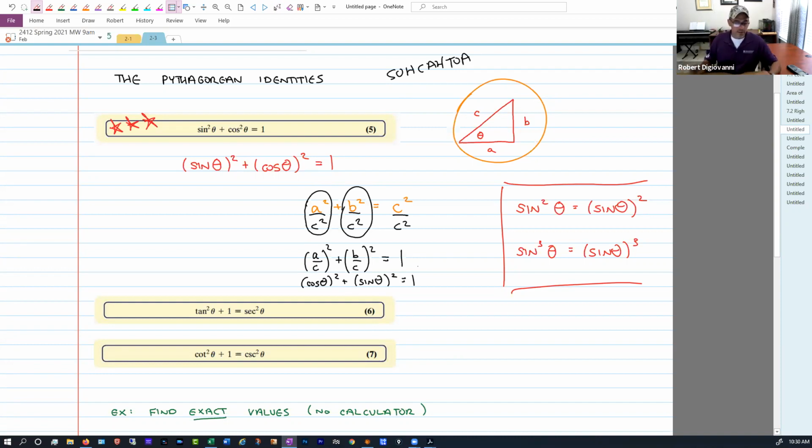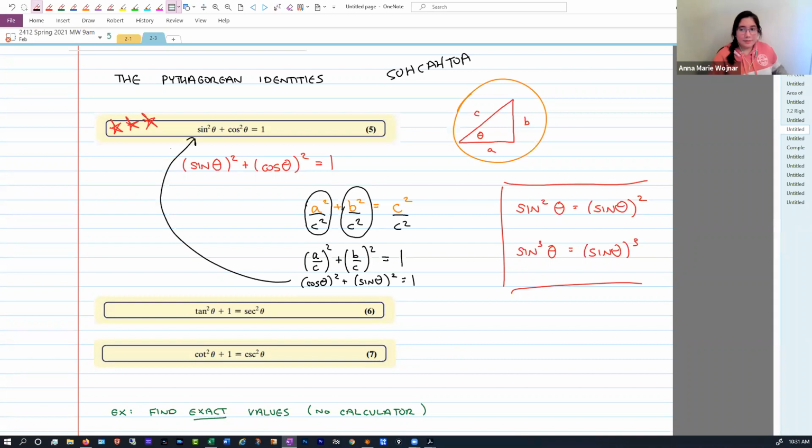Now, the formula has it the other way around. It has the sine before the cosine, but it's addition, so it doesn't matter what order you go in. Addition can be moved around. So that gives us this formula. Do y'all believe it's true? Yes. Okay. Now I have another question. If you put the theta at a different angle, wouldn't that switch around which ones were opposite and which ones were adjacent?